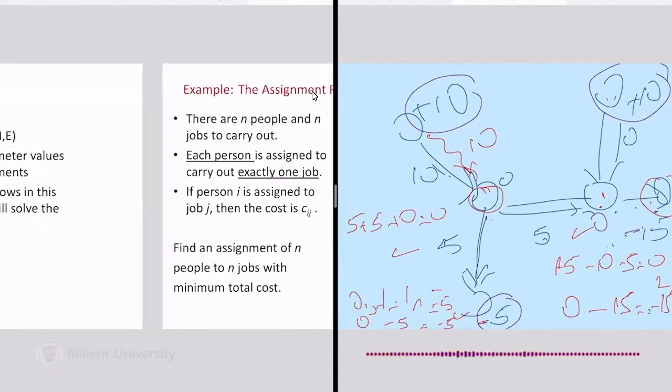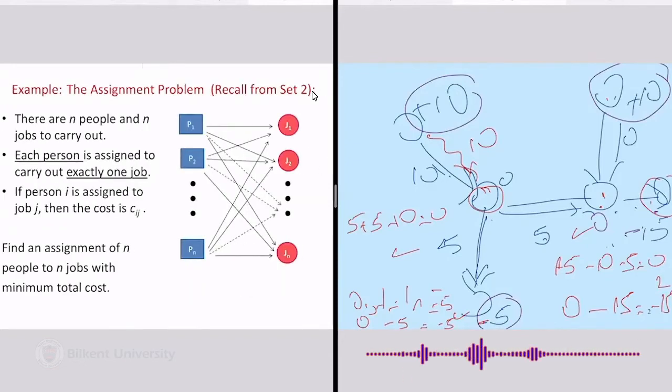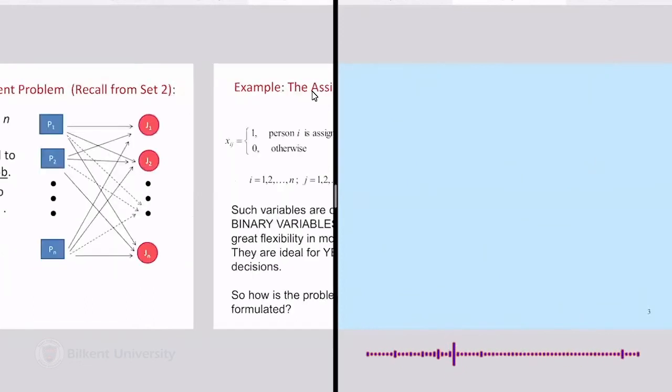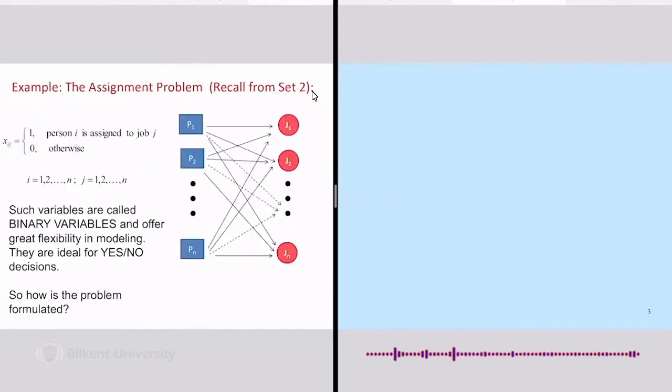Consider the assignment problem, okay? We formulated this in set 2 when we were teaching you integer and binary variables and everything. Assignment: we have n jobs and people. So who should do what is the original problem. We defined an xij variable for that. If i is assigned to job j, that was a 1, and if not, that was a 0.